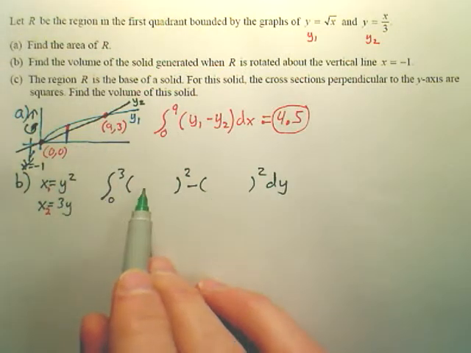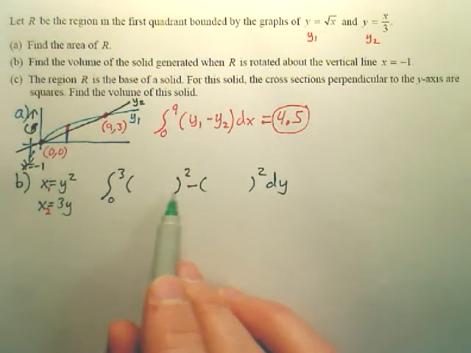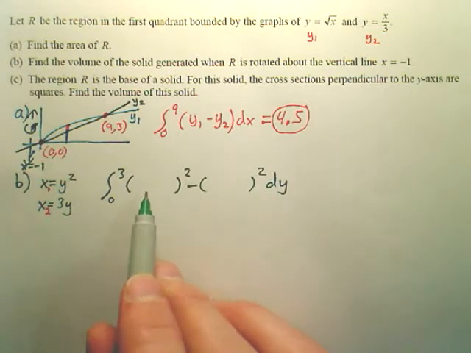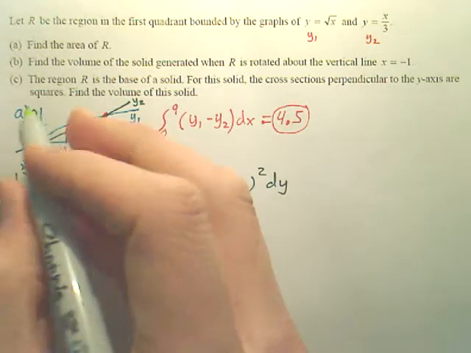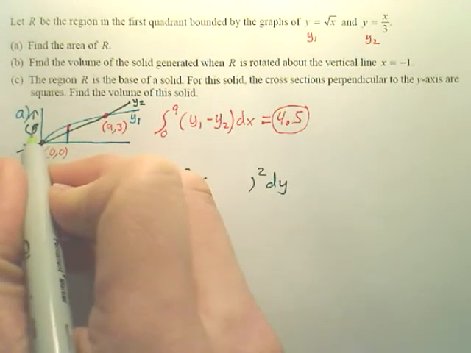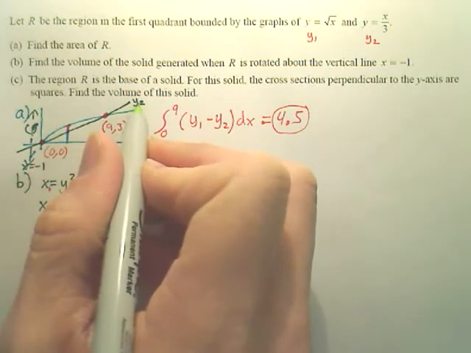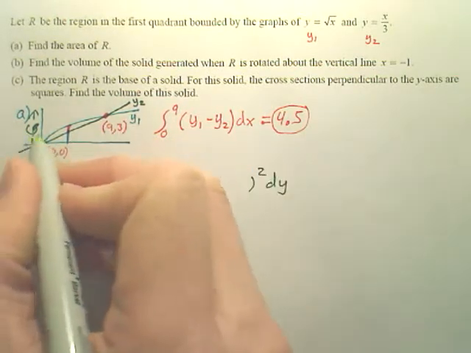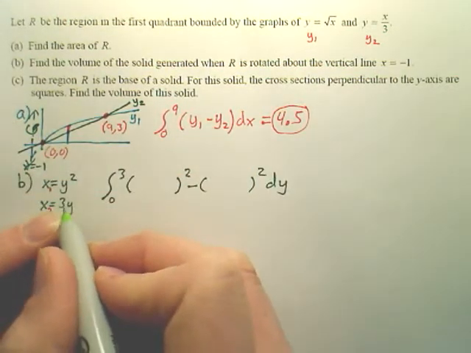It's hollow, so we have to find out what's our outer circle and what's our inner circle. Now, our outer circle, what is that going to be? Well, if we think about this line segment from here to here, isn't this first equation x2? So isn't that 3 minus y?